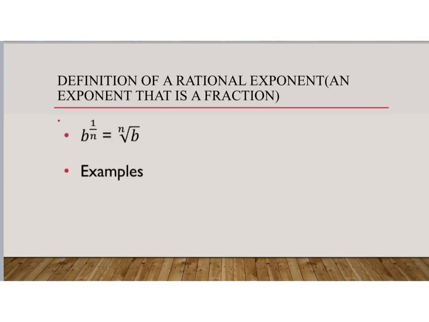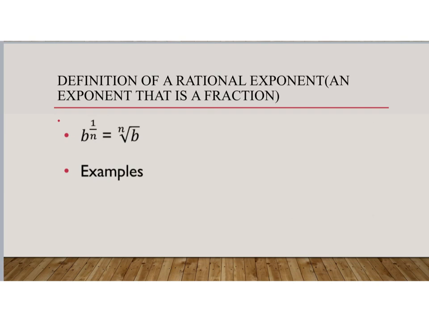So first of all, the definition of a rational exponent. The definition is that b to the 1 over n power is the same as the nth root of b.